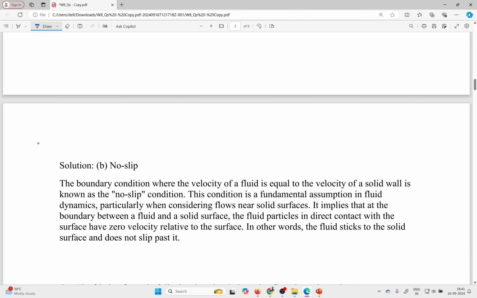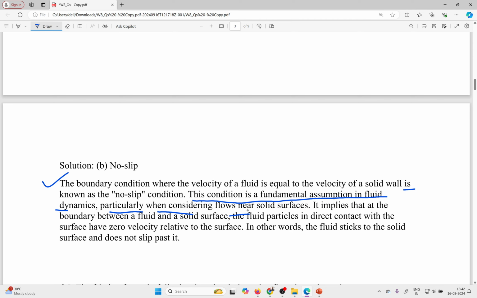Here you can also read the notes. The boundary condition where the velocity of fluid is equal to the velocity of the solid wall is known as the no slip condition, and this is a fundamental assumption in fluid dynamics, particularly when considering flow near a solid surface.